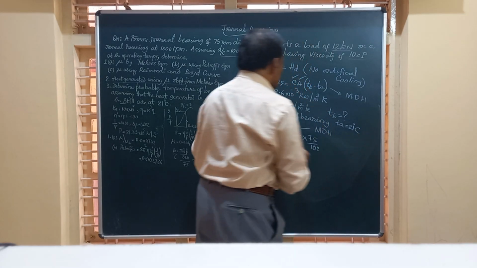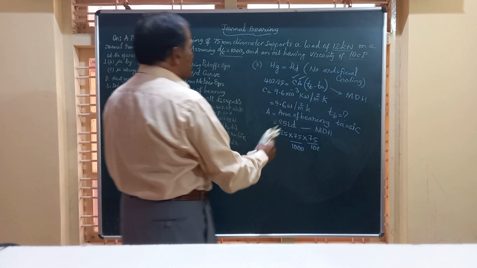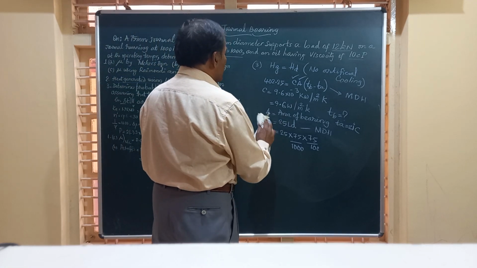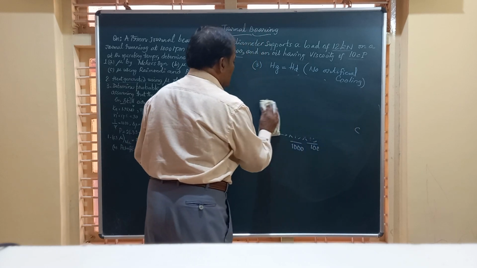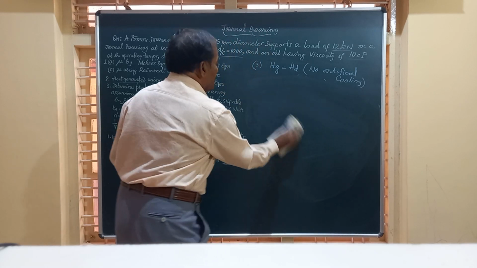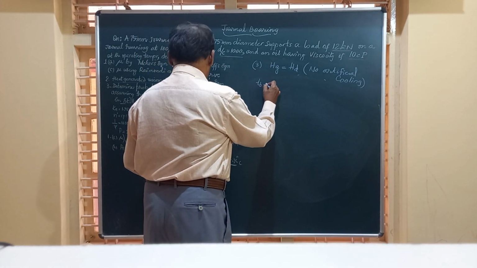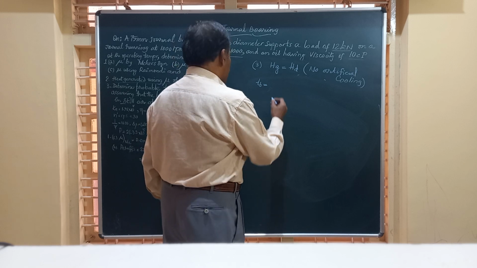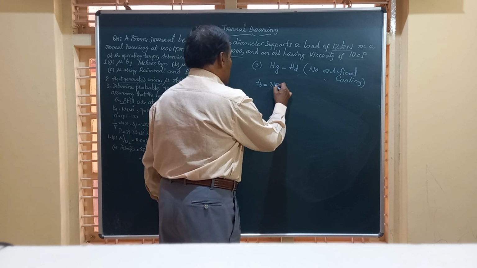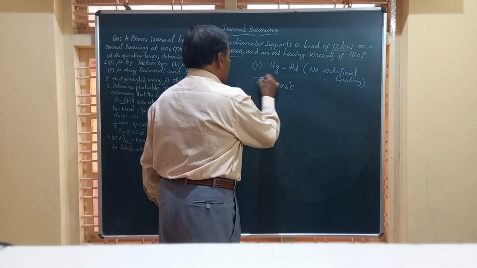Friends, if you substitute the values of C, A, Ta and so on, you will be able to obtain on calculation the value of Tb, the bearing surface temperature. Tb is equal to 318.96 degrees Celsius.